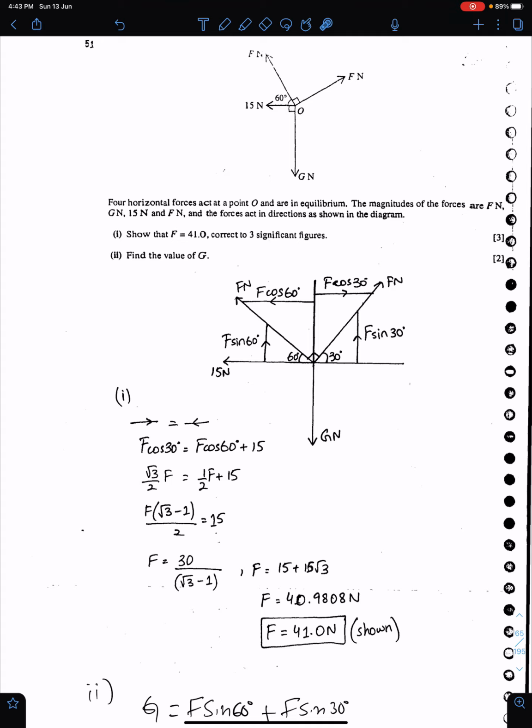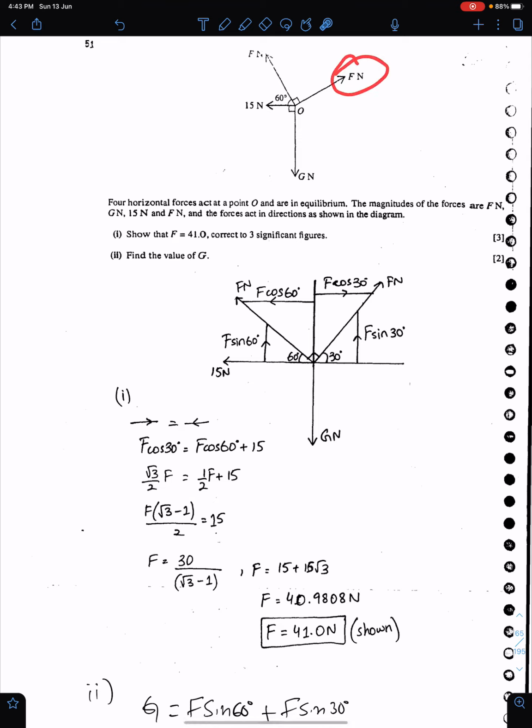Next question. Four horizontal forces acting at a point O are in equilibrium. The magnitudes of the forces are F newtons, G newtons, 15 newtons, and F newtons. And the forces act in the direction as shown in the diagram. Show that F is 41.0. First, draw the force diagram.